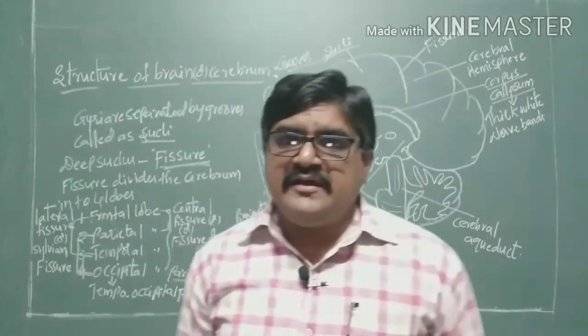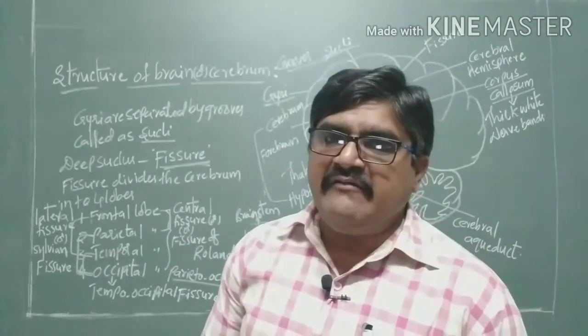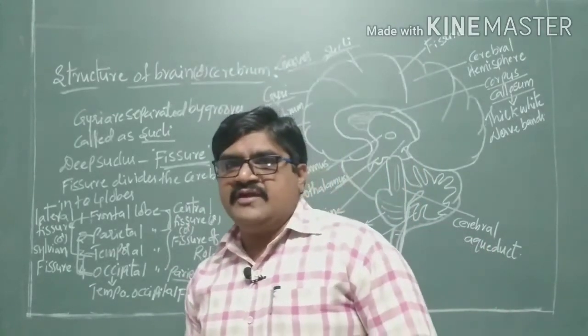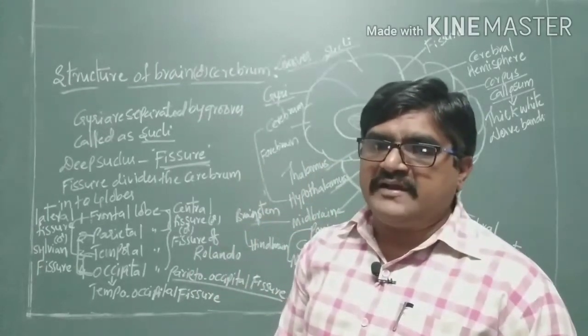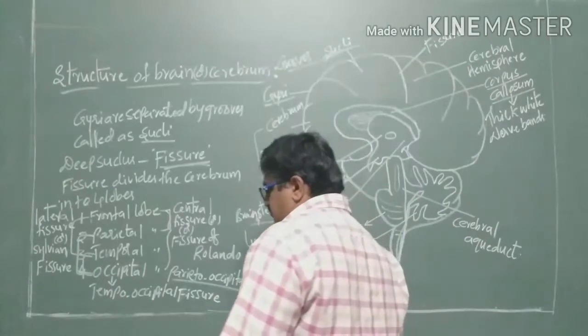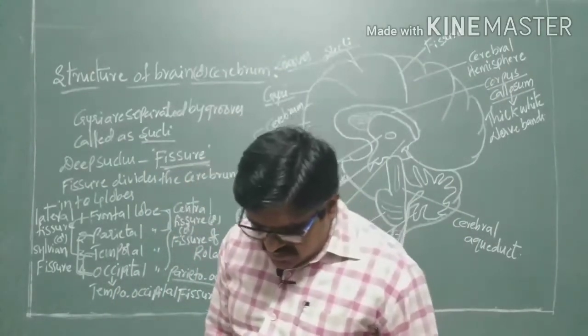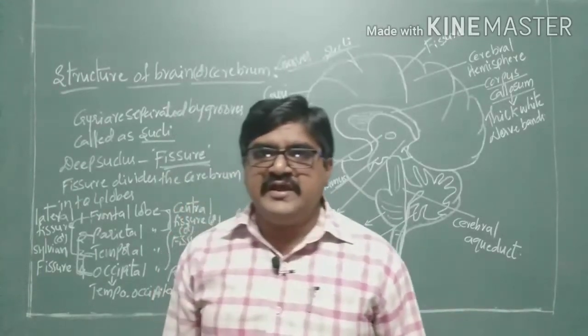And here on the ventral surface of the brain, the olfactory lobes are present.